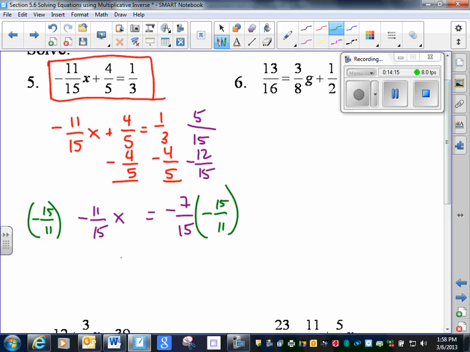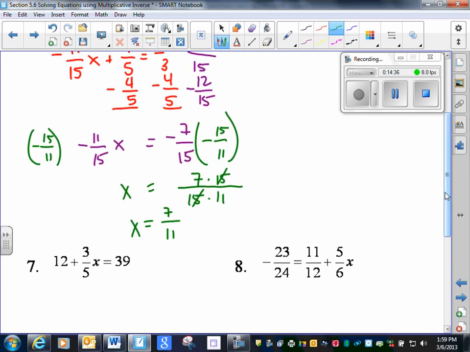So that leaves x alone. A negative times a negative is a positive. I've got a single fraction bar now, 7 times 15 over 15 times 11. Cancel, cancel. And x is equal to positive 7 over 11. So let's see. I think I'm going to leave the rest of these for you to work.